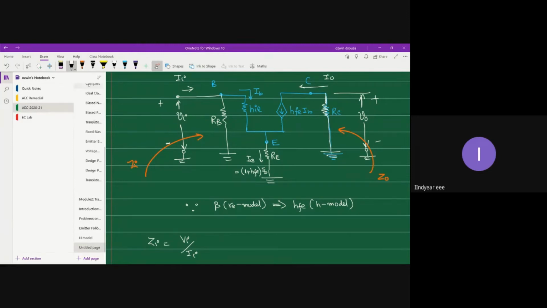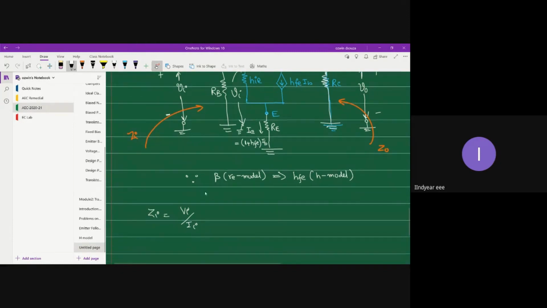So what we will do is we will measure the input voltage VI across the base terminal and the ground terminal. I've just shifted the input voltage measurement towards the H parameter model.